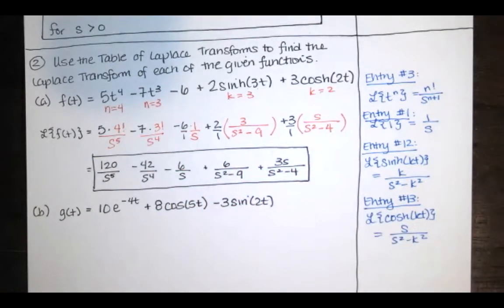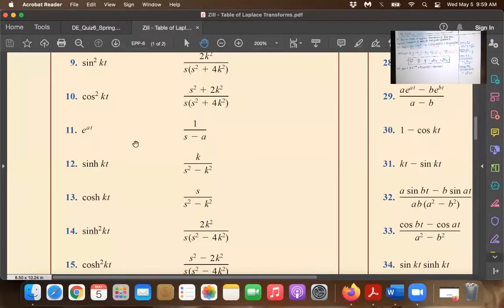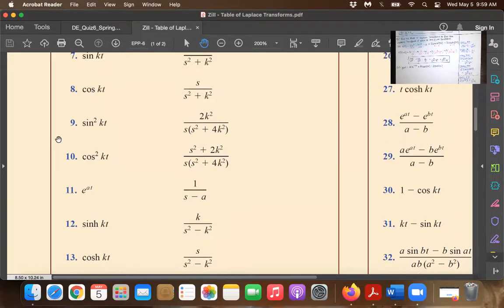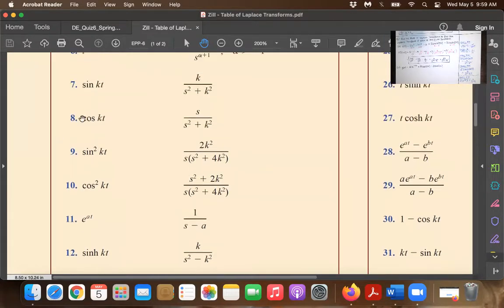So I would go to my table of Laplace transforms, and I'm looking for e to the at, which is actually right there, entry number 11. The Laplace transform of e to the at is 1 over s minus a. And I've got a cosine function and a sine function. Oops, there we go. So those are entries 7 and 8.